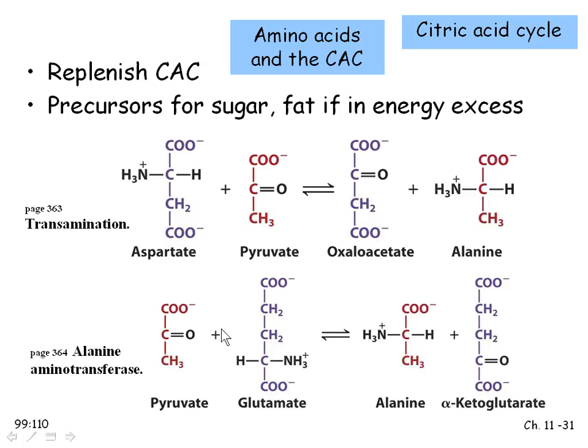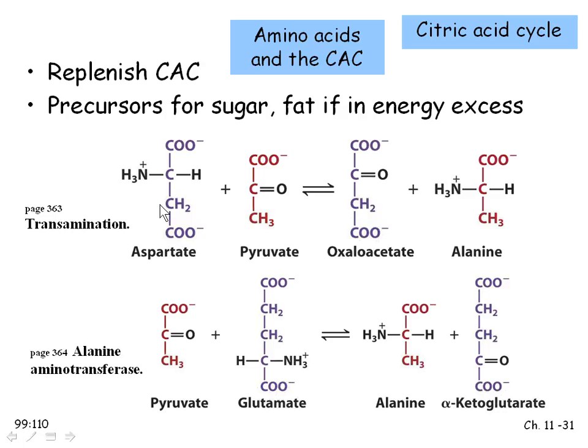So if you have a lot of excess energy and spare protein, the spare protein can be stored not in the form of protein. You can only store protein in muscles, but in the form of fat or sugar. And here are a couple of the kinds of reactions between amino acids and other metabolites that can do that.